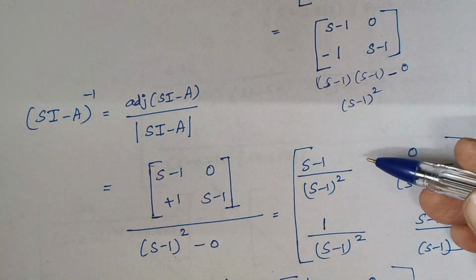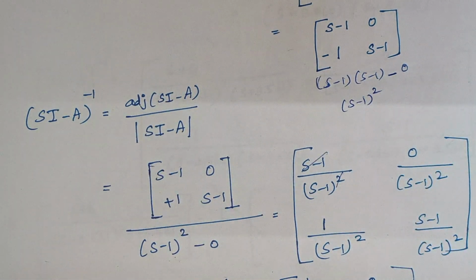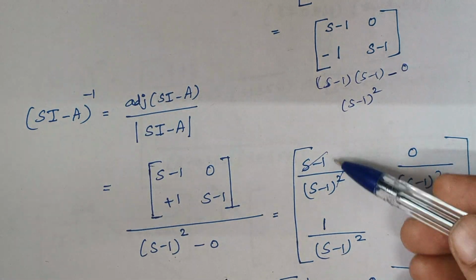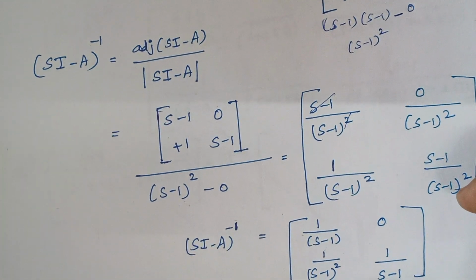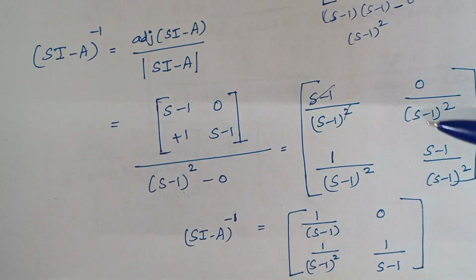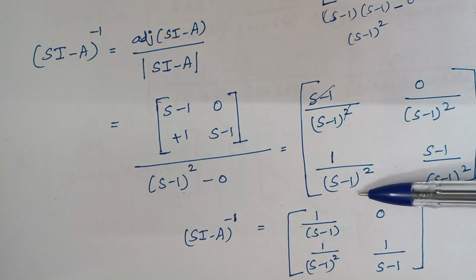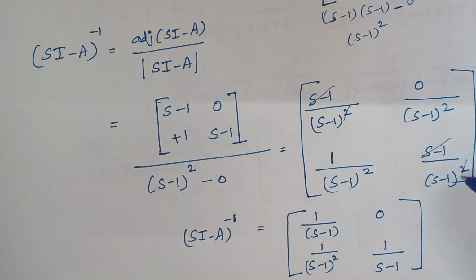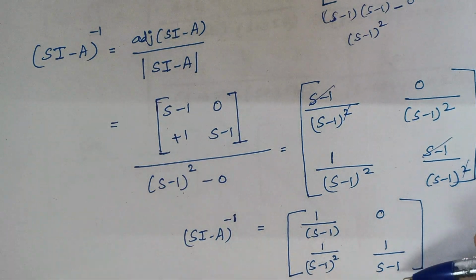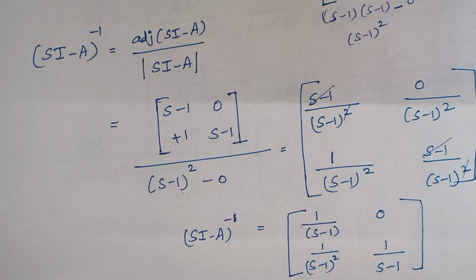So here in this case, this (s minus 1) and this (s minus 1) square get cancelled and the remaining term will be 1 by (s minus 1). Right. And here 0 divided by anything is 0, and again 1 divided by this (s minus 1) whole square, and here again these two terms cancel each other, therefore 1 by (s minus 1). So this is our (sI minus A) the whole inverse matrix.